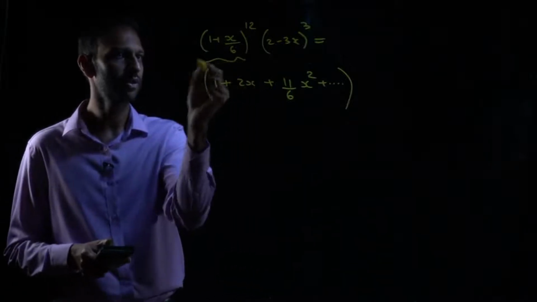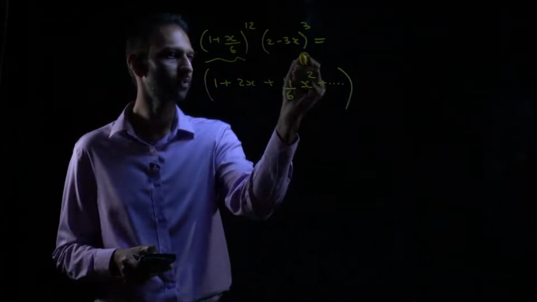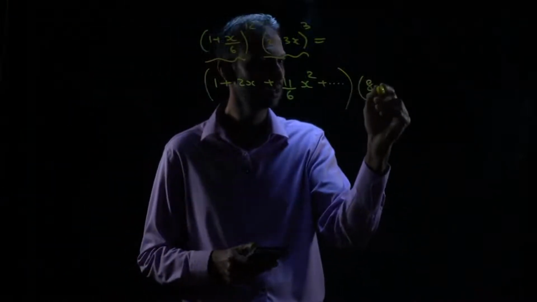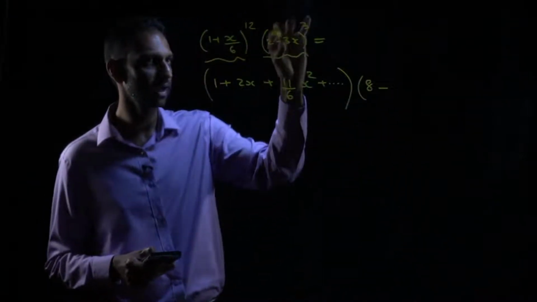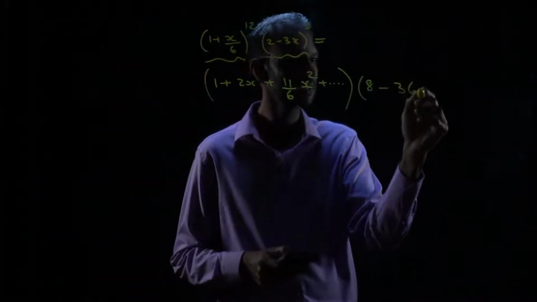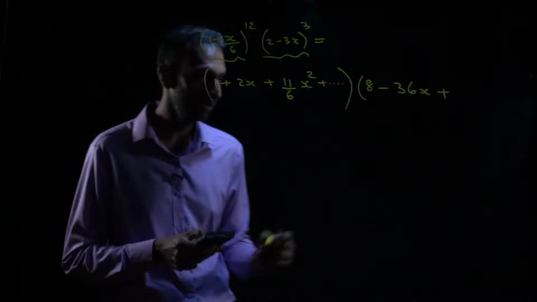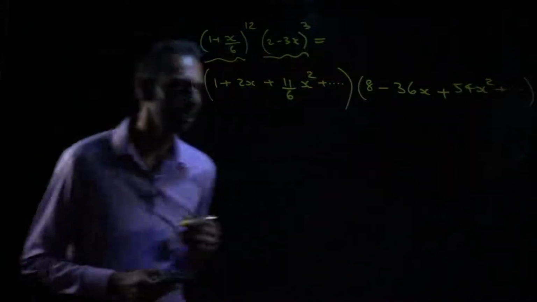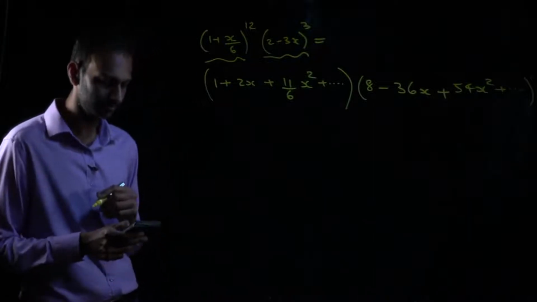That's for the first part. For 2 minus 3x to the cube, we got 8. The sign was alternating because of the minus sign in between the two terms. 8 minus 36x plus 54x squared plus dot dot dot. Move aside for you to see the working.